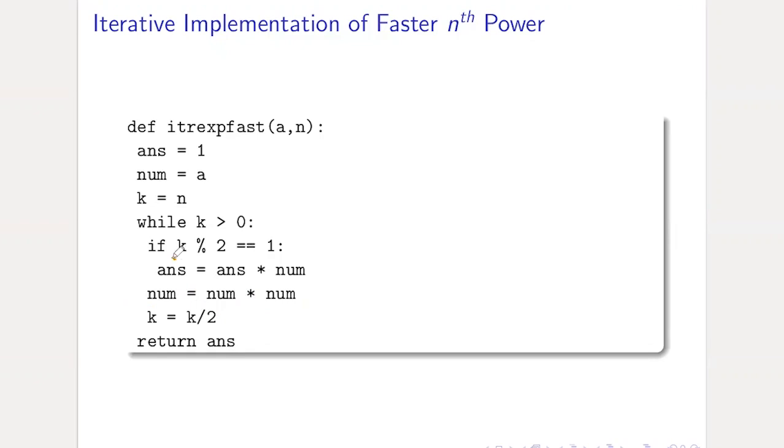If the k value is an odd value, which means when you divide by 2 there is a remainder, before coming here, the answer value is computed as the previous answer multiplied by num.